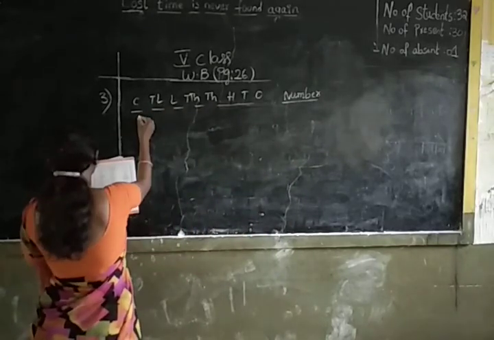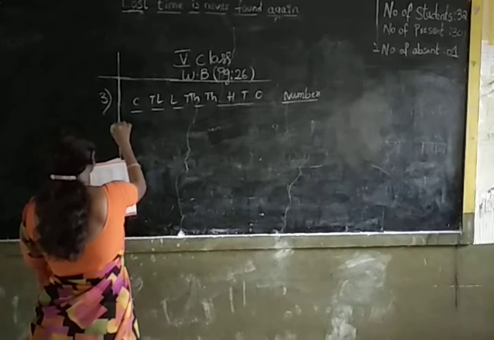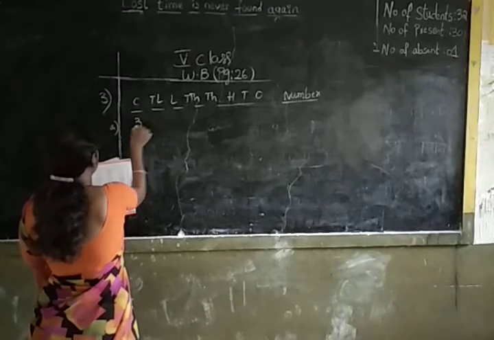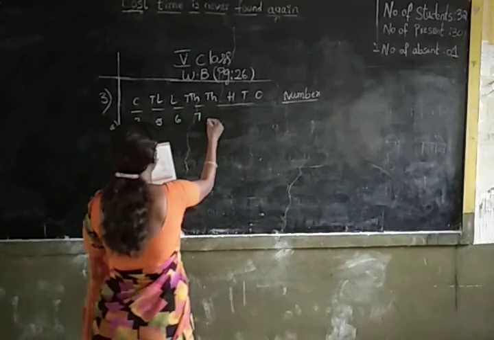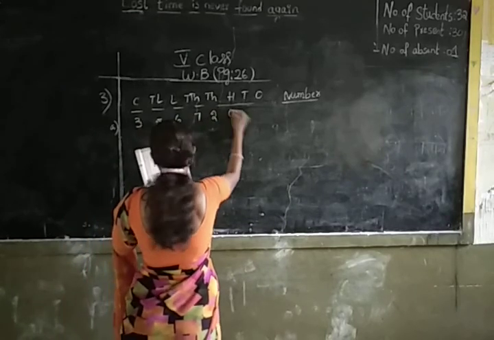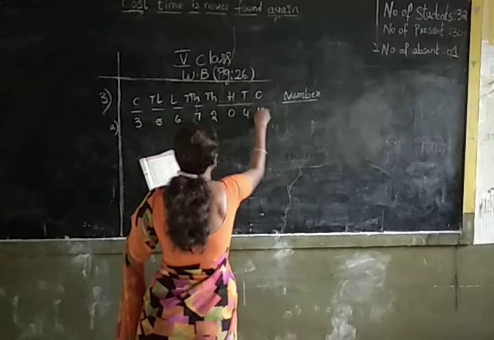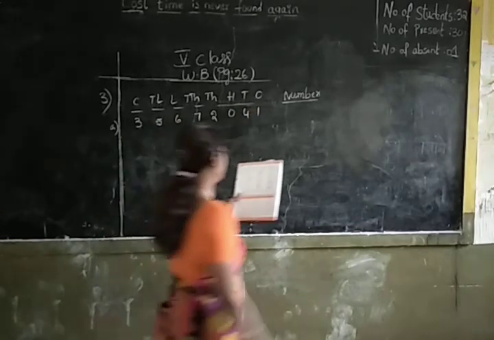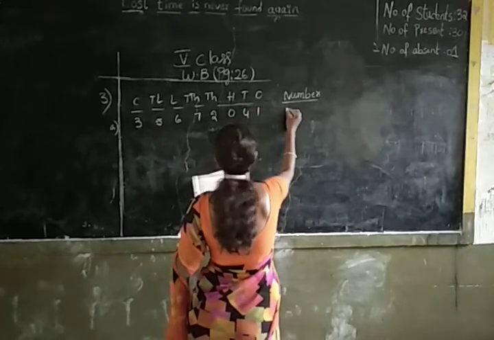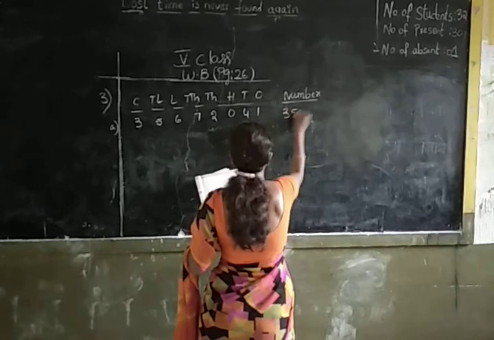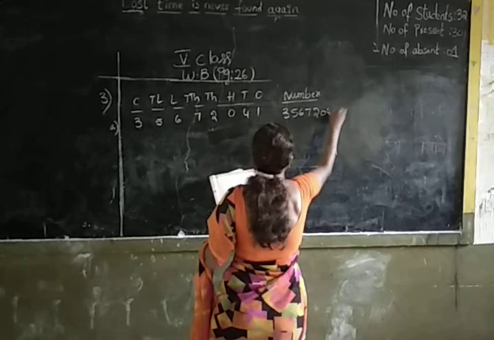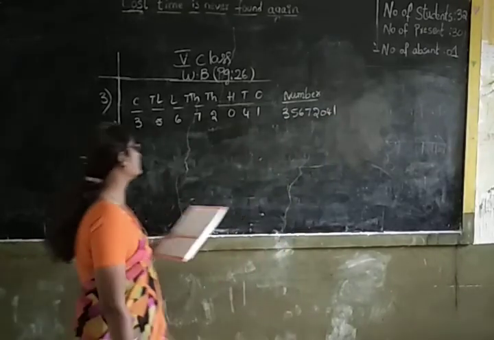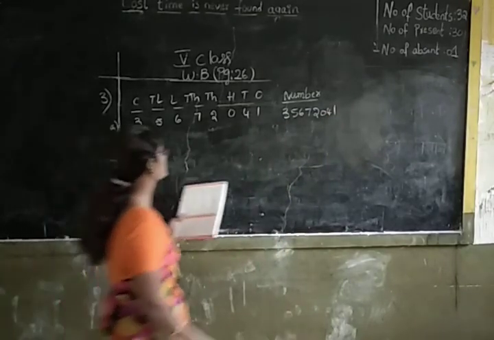Here the first sum is 3, 5, 6, 7, 2, 0, 4, 1. Now you have to compose this number. So how will you compose this number? Just write the number and place the commas according to the Indian place value system.